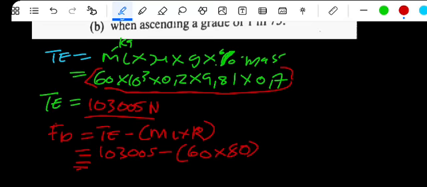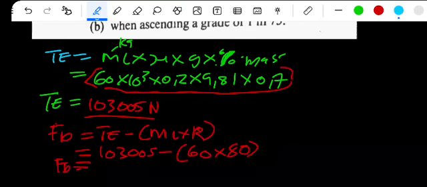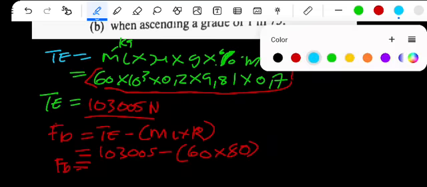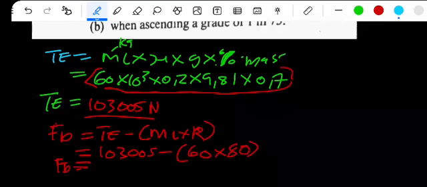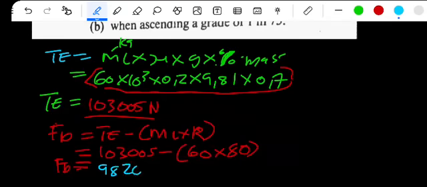Then the drawbar pull will be equal to what? Punching this, 98,205 newtons. That is your drawbar pull.